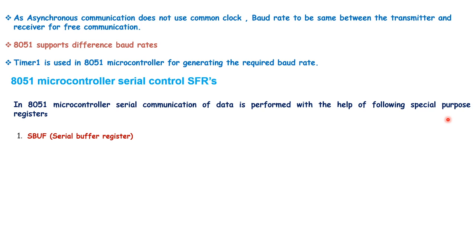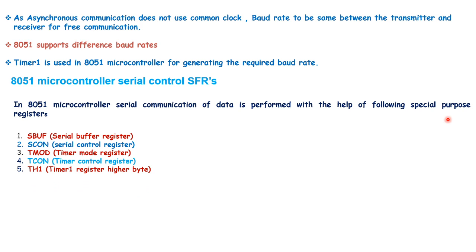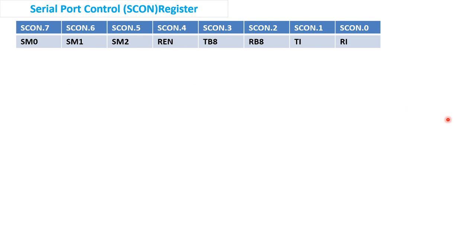The first one is the buffer register, the second is SCON, the serial control register, and then the TMOD register and TCON register. We already discussed the buffer register in detail.